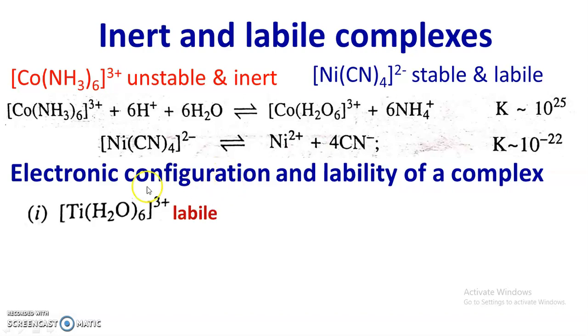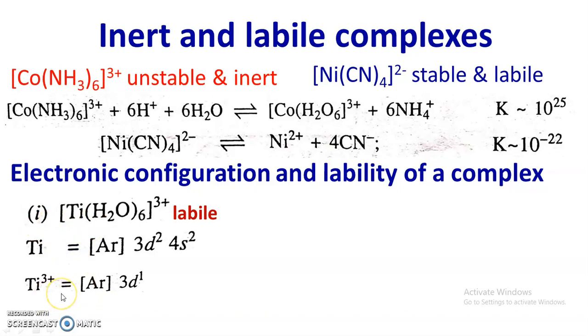For example, hexaaquatitanium(III) is labile because it is an inner orbital complex containing vacant d orbitals. Titanium, its configuration is argon 3d2 4s2, and its atomic number is 22. In this complex, the oxidation state of titanium is +3. So in the +3 state, its electronic configuration is argon 3d1.